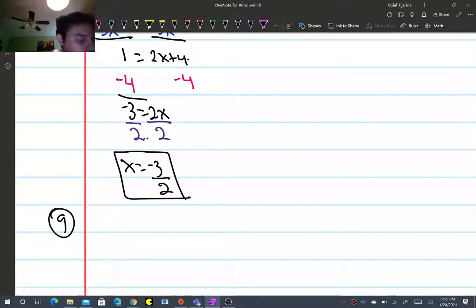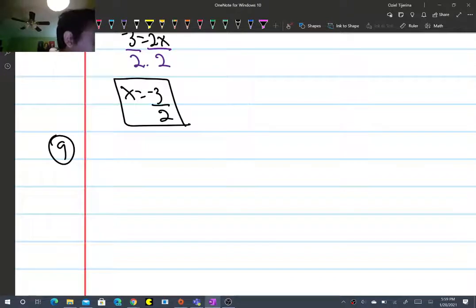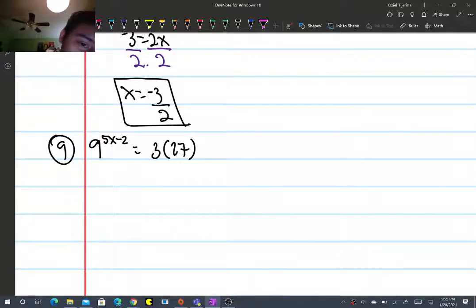Number 9, and we just have 2 more. This is literally the same kind of problem that I did a few minutes ago. So for number 9, we have 9 to the 5x minus 2 equals 3 times 27 to the x minus 7.